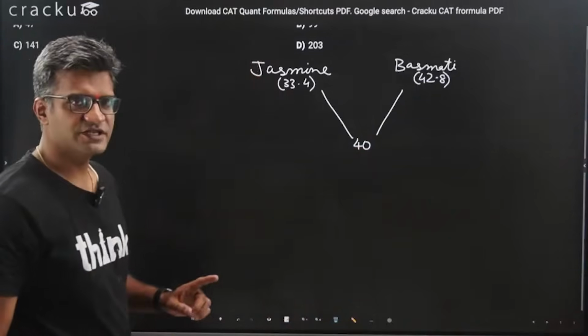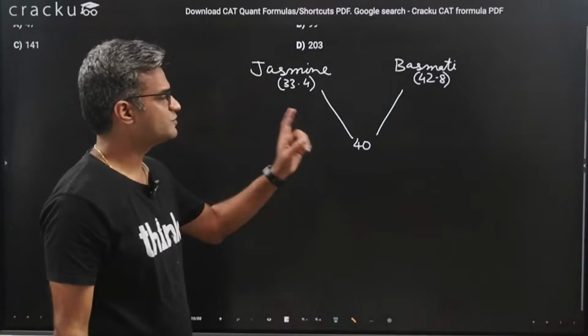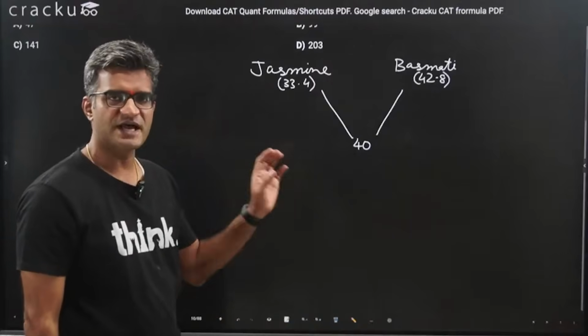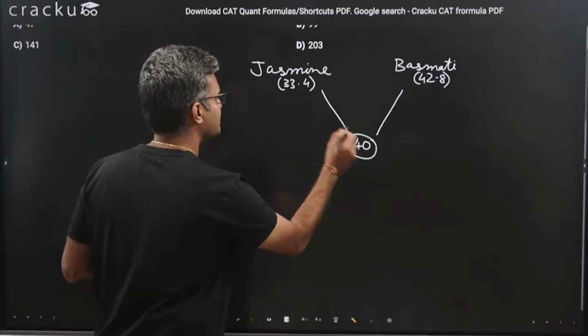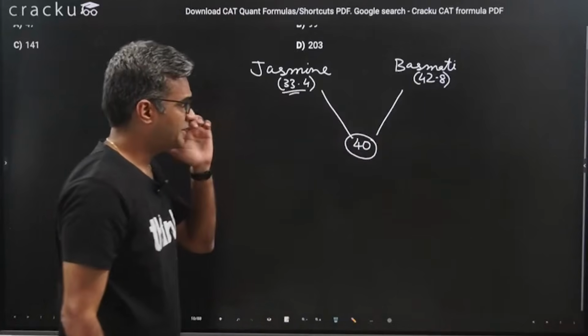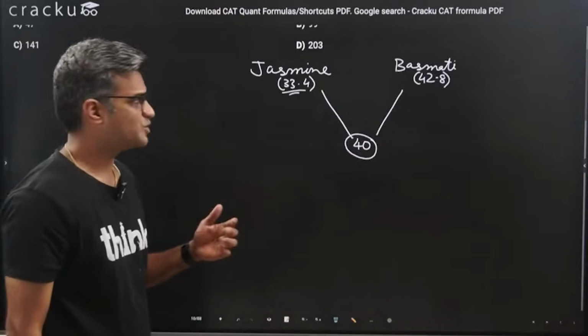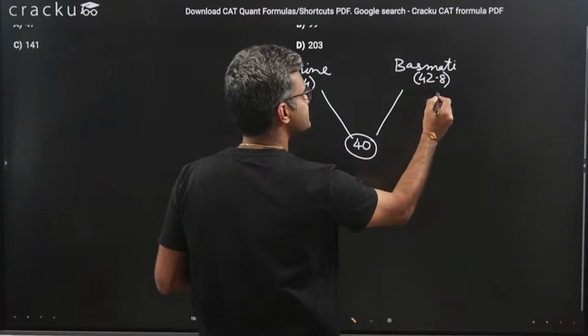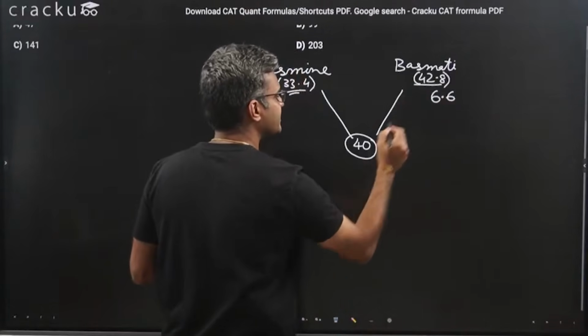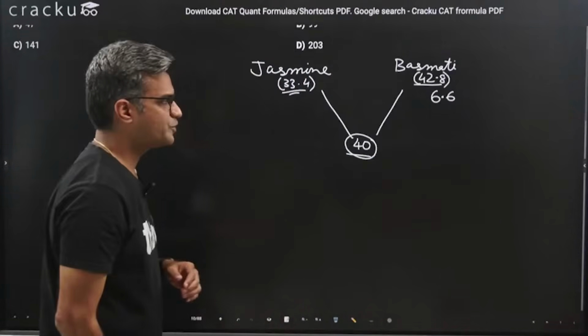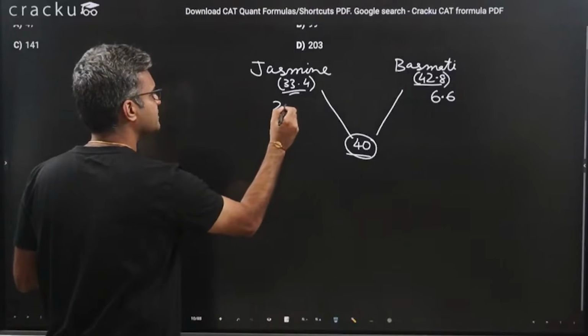So the first thing we need to figure out is the ratio of Jasmine to Basmati. To solve it, we'll use alligations. How do we use alligations? What is 40 minus 33.4? It is 6.6. So we'll put 6.6 beside Basmati. What is 42.8 minus 40? It is 2.8. So we'll put it over here.